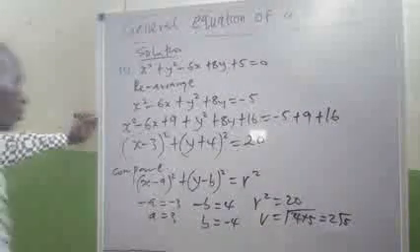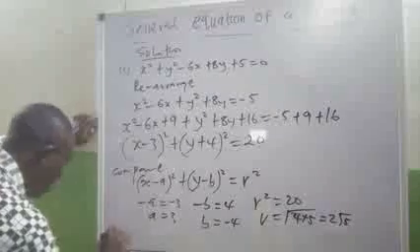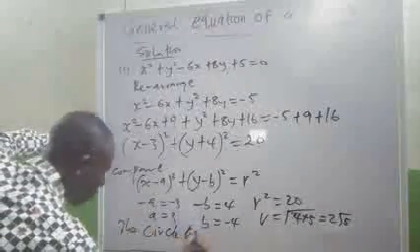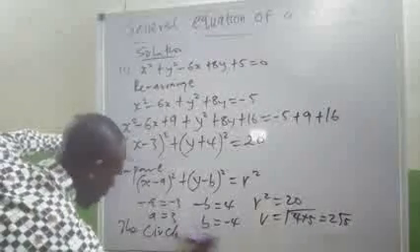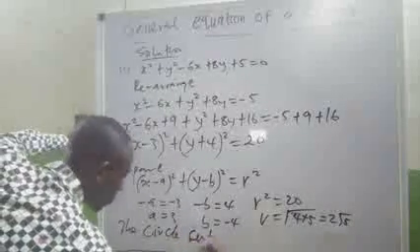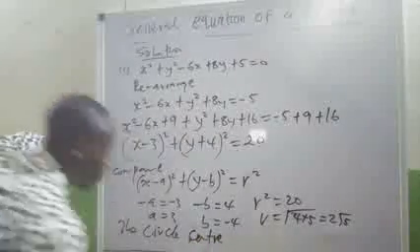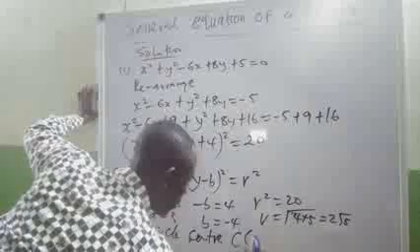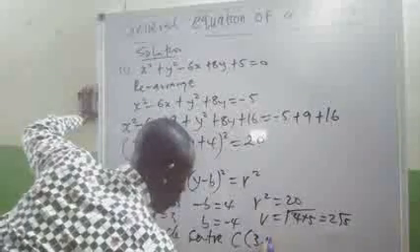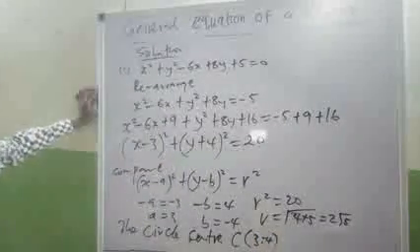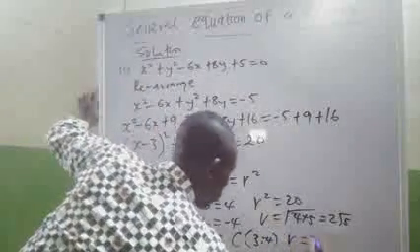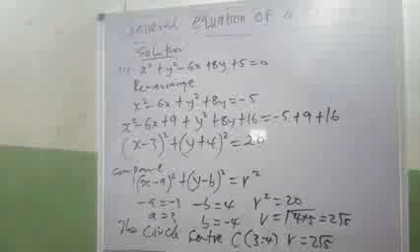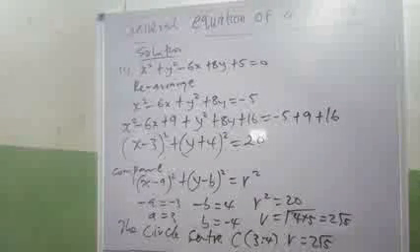So the circle has center C, which is a, which is 3 now, comma minus 4, and r is equals to 2 root 5. So that is how to determine the center of a circle.